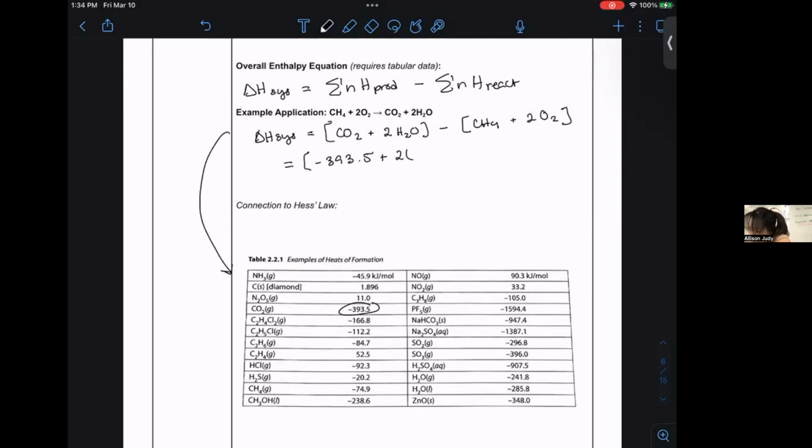We're going to choose H2O liquid, negative 285.8. Minus my product energy is required to form the individual species of my product.